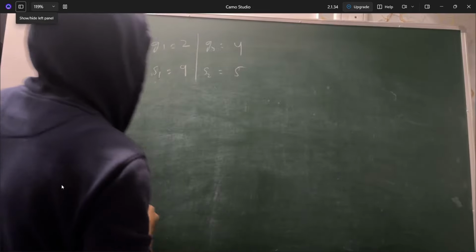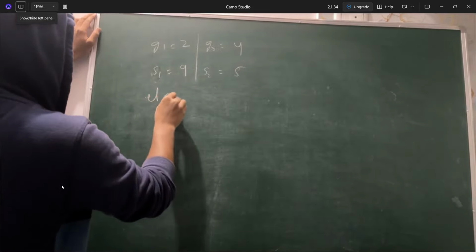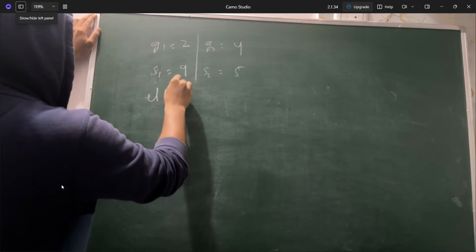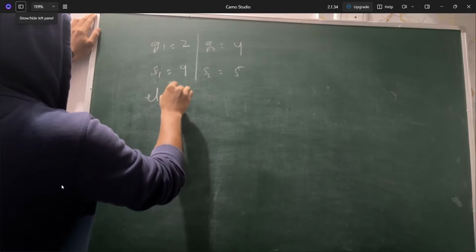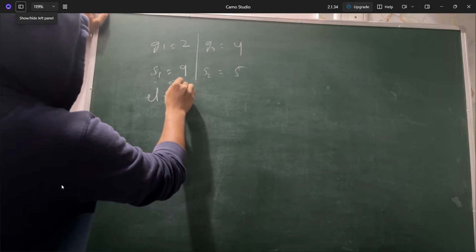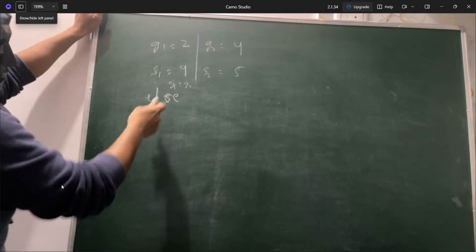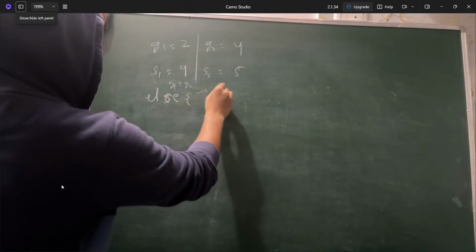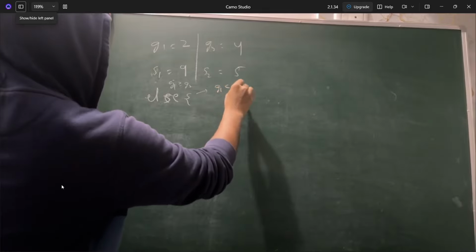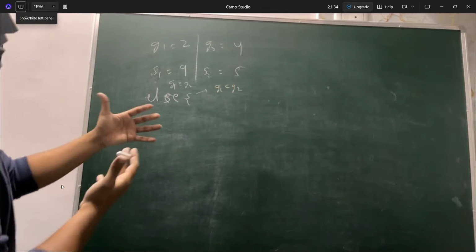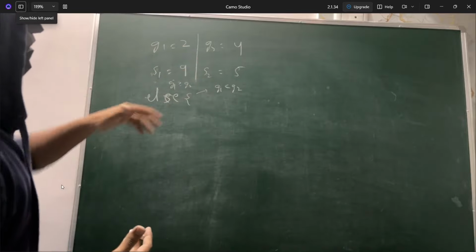Let me deal with one more. We'll go to else, because when g1 greater than or equal to g2 was it, we have dealt with it. When else is there, it means in this case g1 is less than g2. When g1 is less than g2, this is the case you could think of.